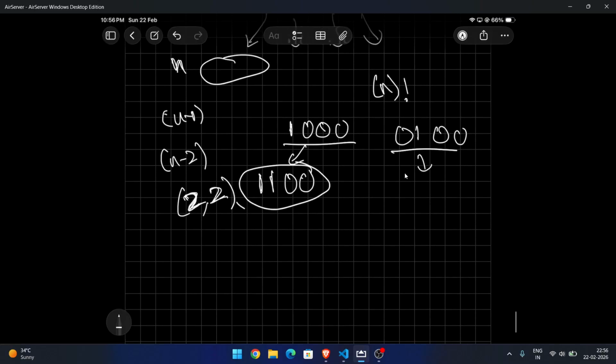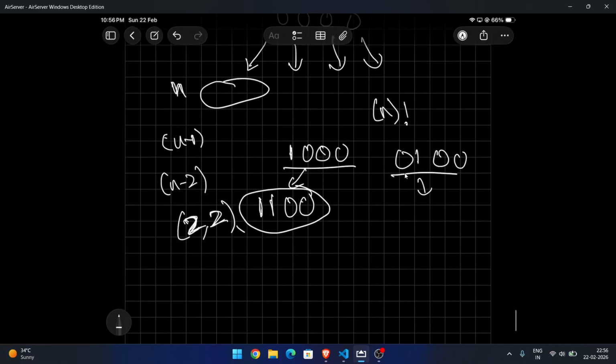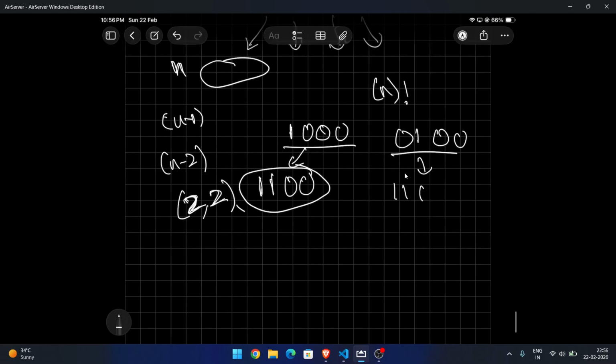Now, the next time we come to this state, let's say the lifts required is 2, but the space remaining is 3. If this is the case, then this is a better state than the earlier one.